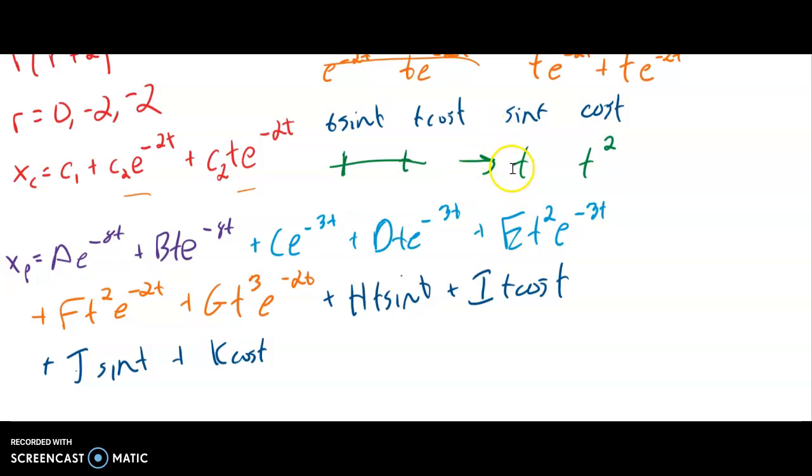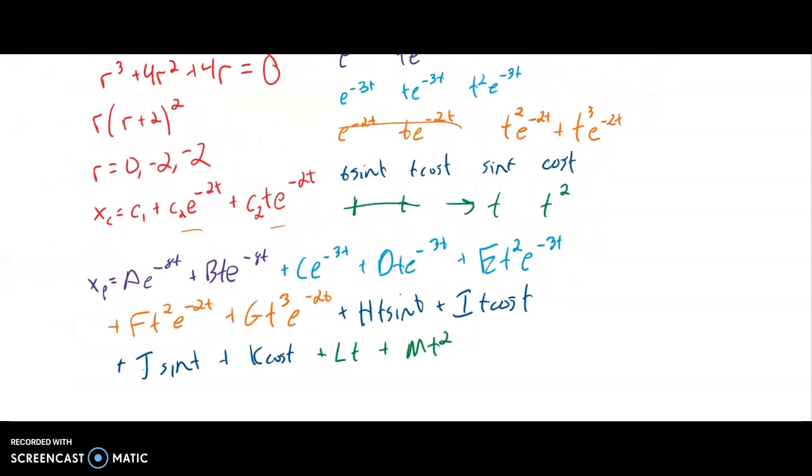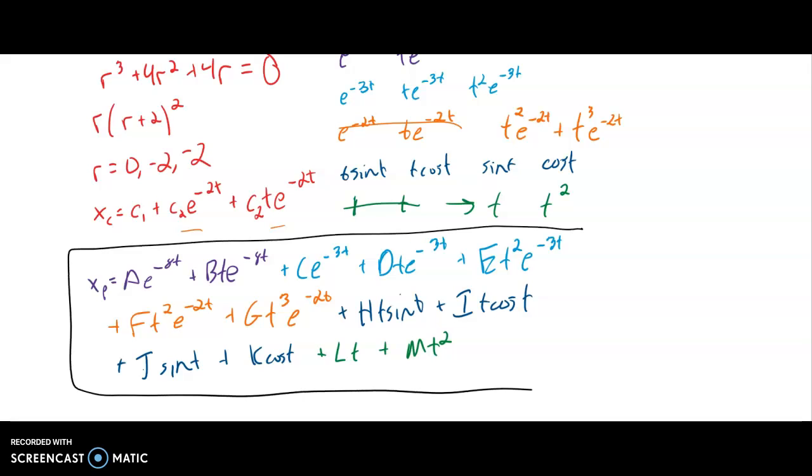And now at the end here, I just have to take these last two pieces. So plus l t plus, oops, k is not next, m t squared. All right. If the color bothers you, sorry. But this right here is my answer.